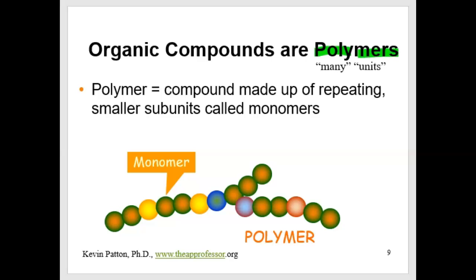So this, for example, is a schematic drawing of an organic compound that has some repeating subunits joined together. Each one of those little balls is considered a monomer. So although there are differences between the four categories of organic macromolecules, there's also this similarity, and that is that they are all polymers made up of many monomeric subunits.